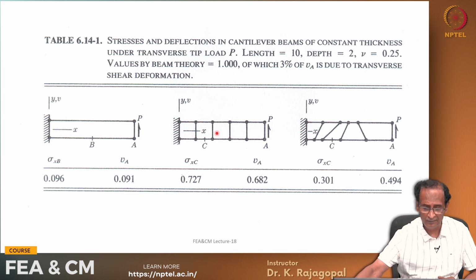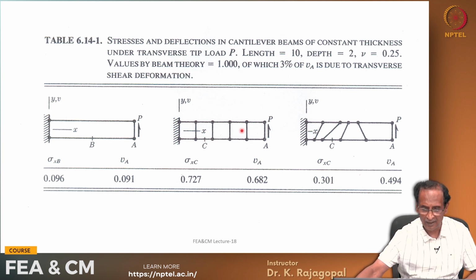But then if you have more number of elements like this, your deflection is slightly better. It's 68% of the actual result, and the stress at this point is about 73% of the actual stress.